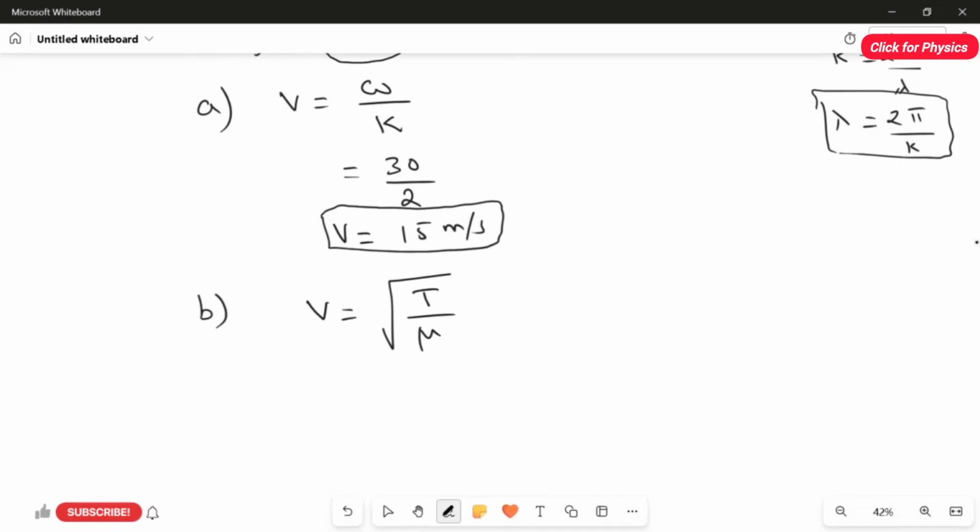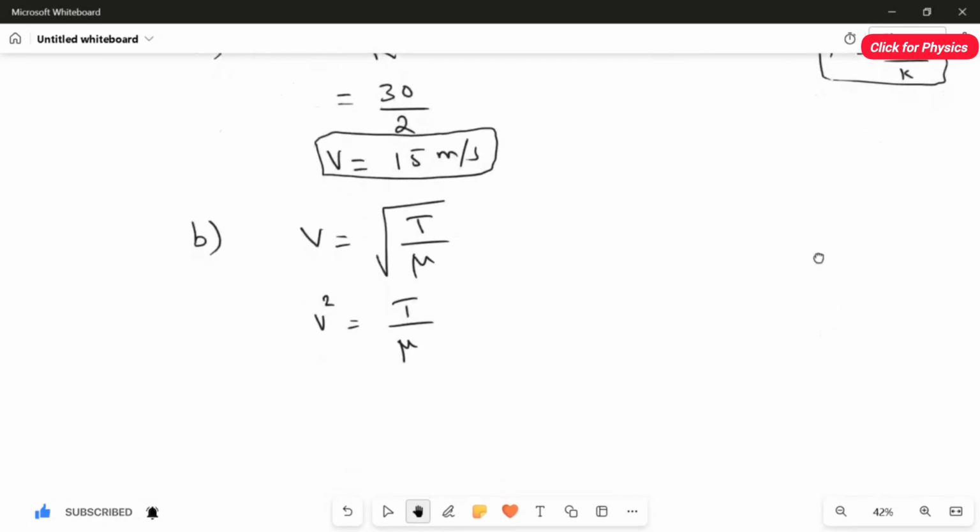First of all, we have to discard the square root, so I square both the left hand side and the right hand side. The left hand side gives v square, the right hand side gives T over mu, where T is the tension and mu is the linear density. Now we can easily rearrange this equation in terms of tension.